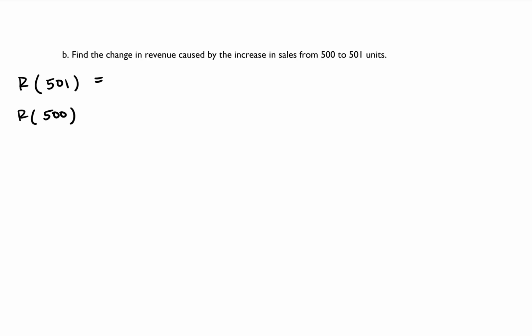So R of 501 will equal 1,500 times 501 minus 0.02 times 501 squared. And if you simplify that, you should get $746,479.98.